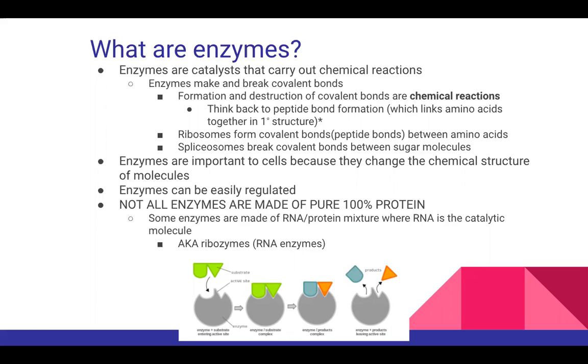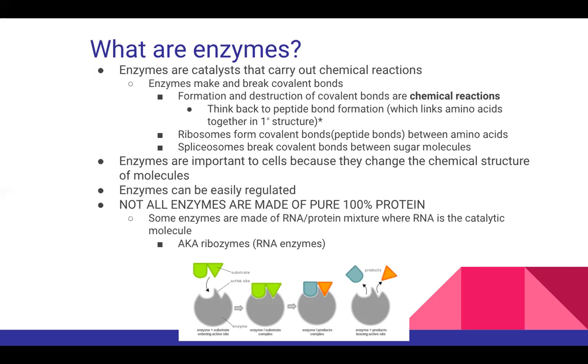They're important to cells because they change the chemical structure of molecules, and they can also be easily regulated, which is important because this means that cellular processes that rely on enzymes can also be regulated. So the cell has a way of controlling what it breaks and puts together.